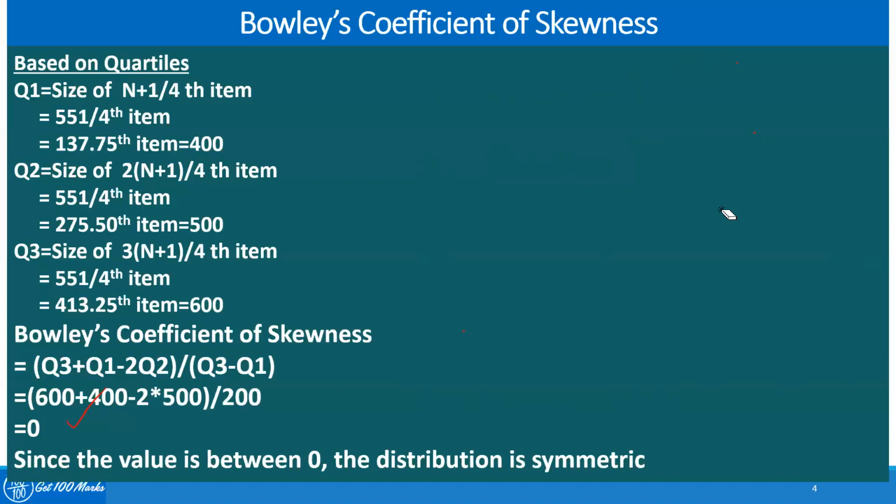So that's all about skewness. Just remember, skewness gives us the direction of the scatteredness, where the data has a twist, or on which side the data is mostly concentrated, and skewness is also one type of measure of spread of the data.